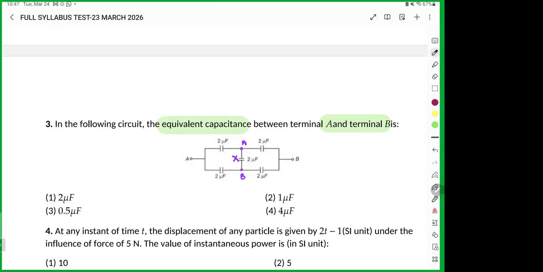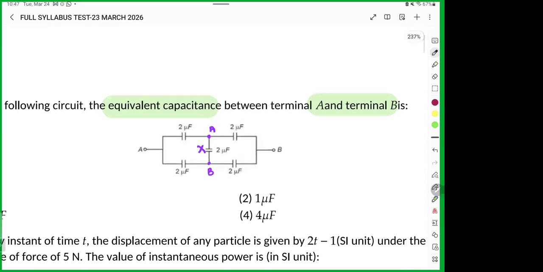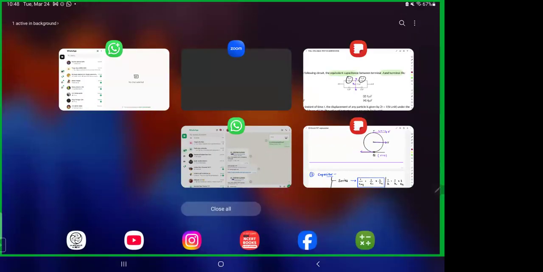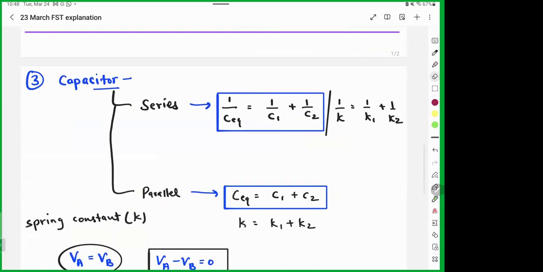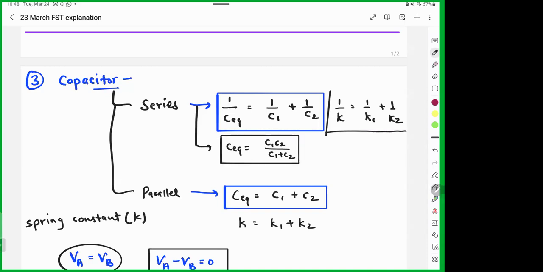Okay. So in this case, these two are in series. So in case of series, if only 2 capacitors are given, then you can say equivalent will be equal to C1 C2 by C1 plus C2. Okay. Same way, here K equivalent will be K1 K2 by K1 plus K2.